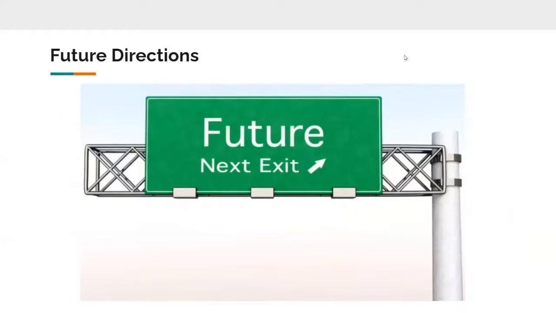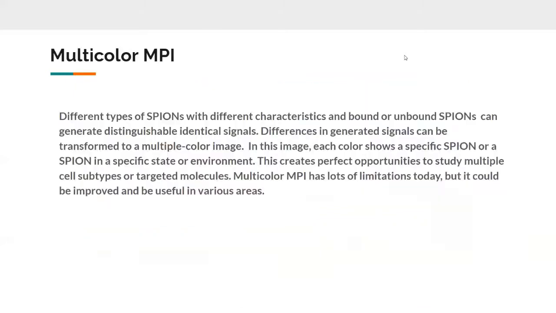In addition to these applications and research, MPI offers an exciting array of potential applications. In the following slides, I'm going to talk about some future directions of MPI. Different types of SPIOs with different characteristics, and bound or unbound SPIOs, can generate distinguishable signals. Differences in generated signals can be transformed to a multicolor image.